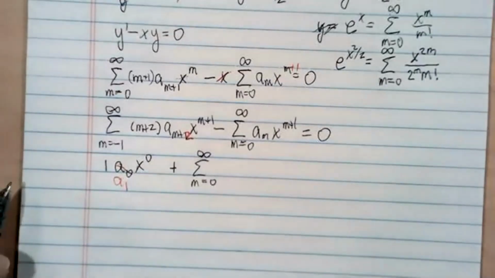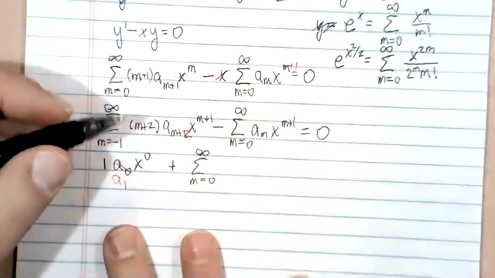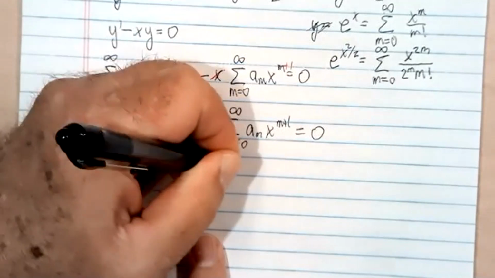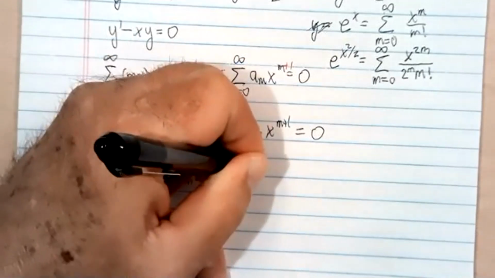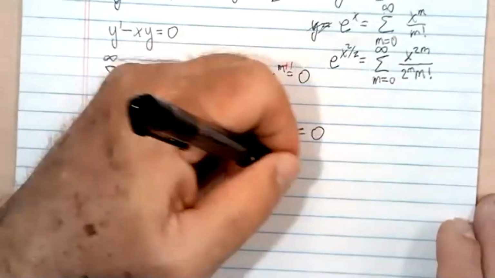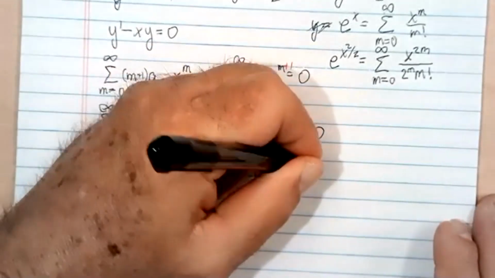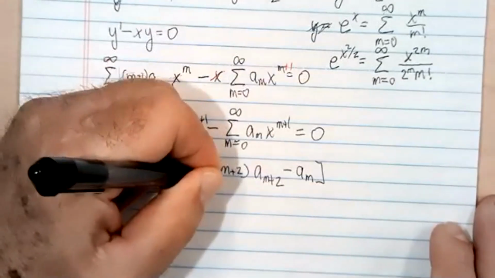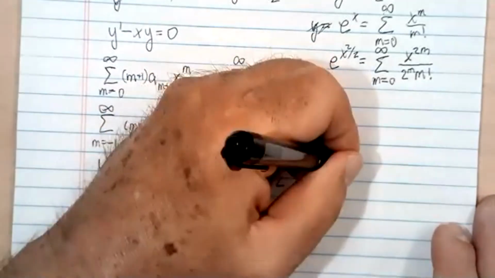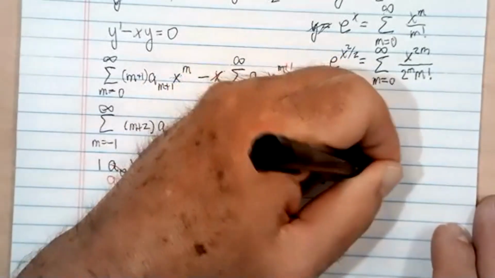All right. Now what's left over? I've got m plus 2, a m plus 2 minus a m, x to the m plus 1 equals 0.